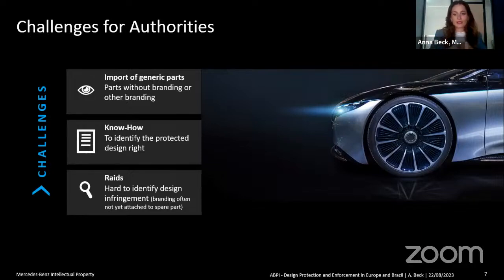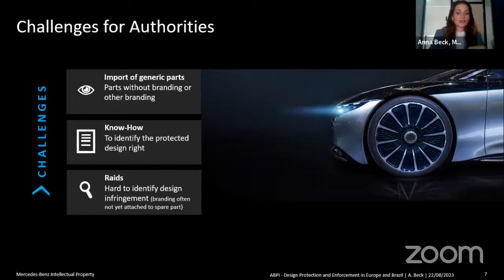So when authorities are doing raids, often we see that the branding is not yet attached to the vehicle part. And so we would have to rely on authorities or courts to do a legal assessment.